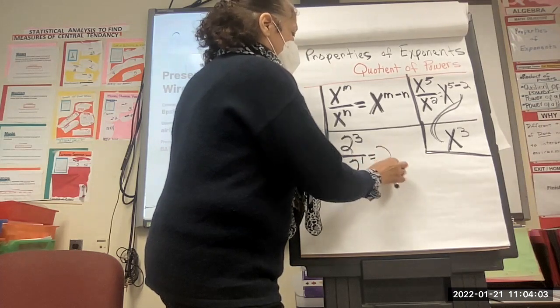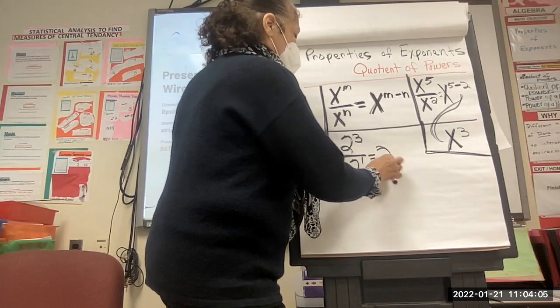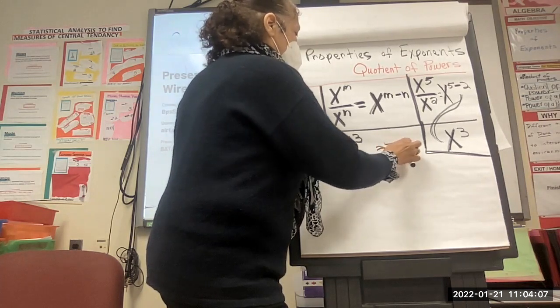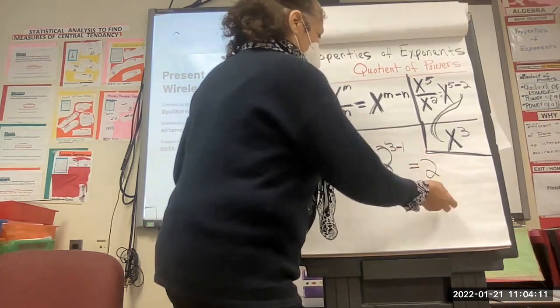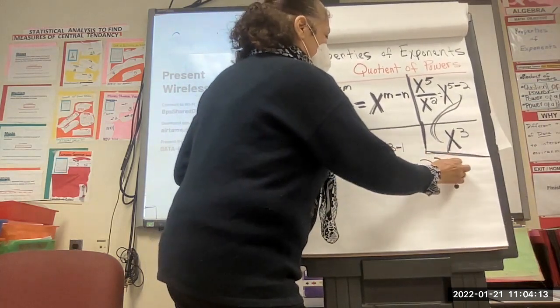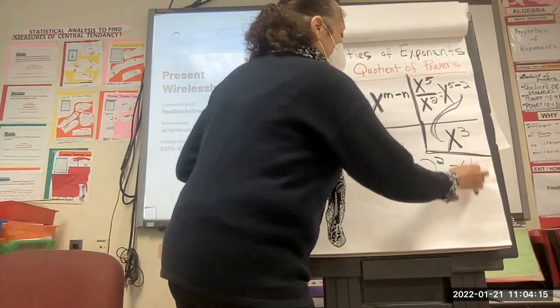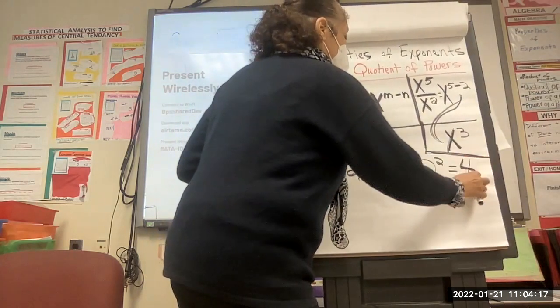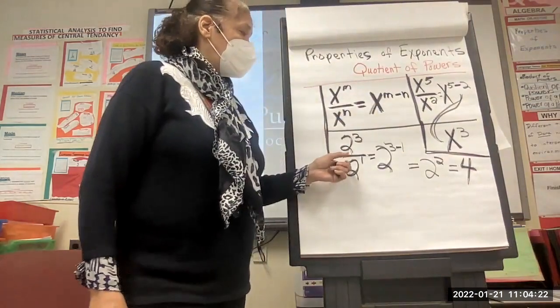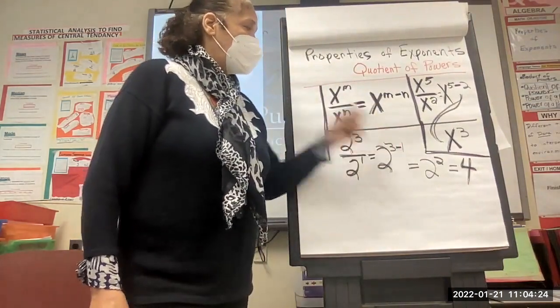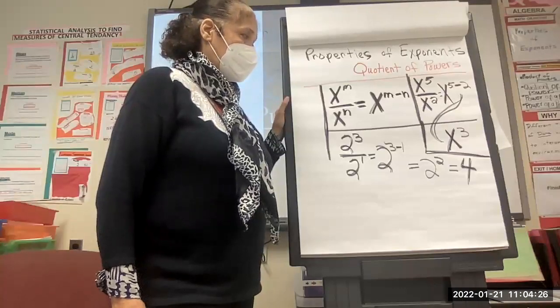We would get 2 to the power of 3 minus 1, which would be equal to 2 to the power of 2, which is equal to 4. Okay, because the powers say we don't want to divide, we want to subtract.